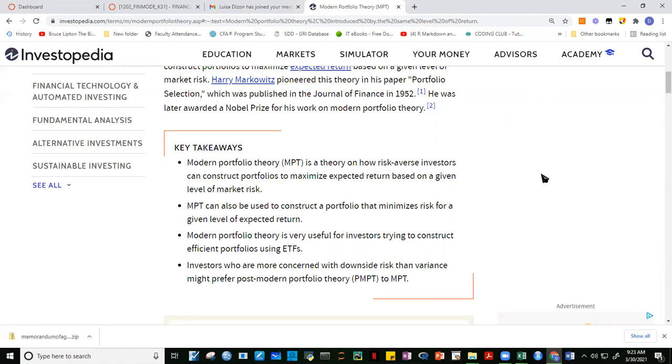Okay, so sabi, you can construct a portfolio that minimizes risk for a given level of expected return. So baliktad to, no? Yung dalawang magkabaliktad. Ito, given yung level amount of market risk, how can you maximize your return? Tapos ito naman, given your level of expected return, how can you minimize your risk?